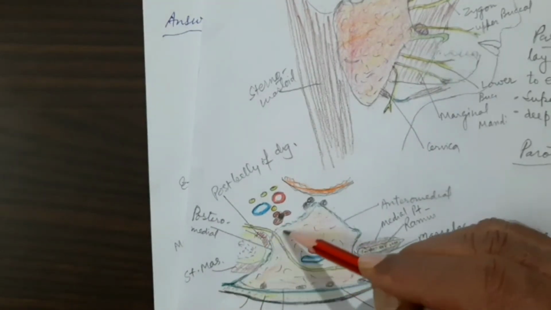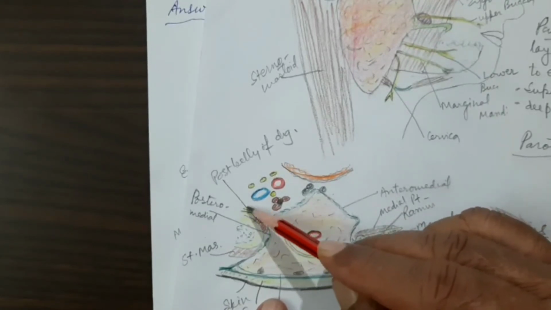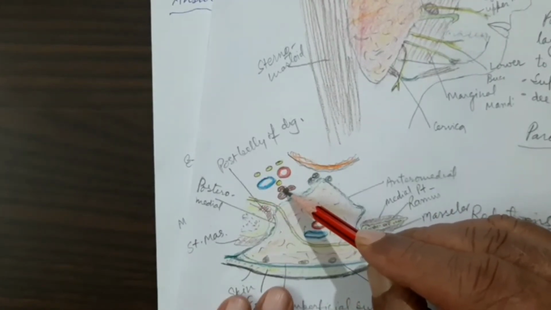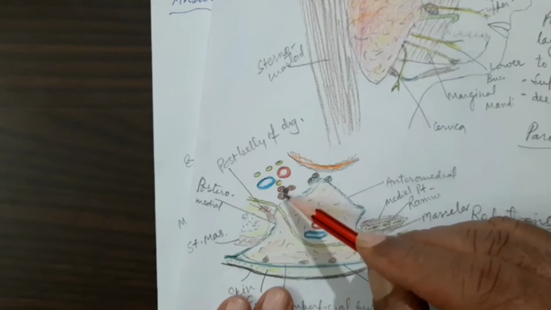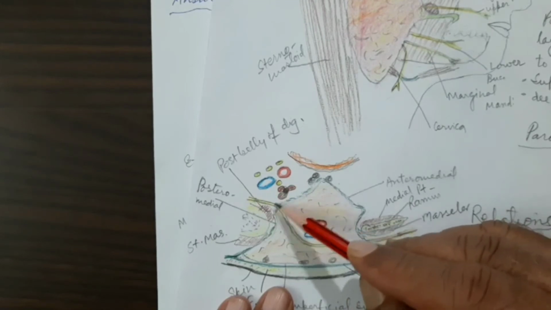See this on the posteromedial border, the facial nerve is entering after coming out from the stylomastoid foramen, because the styloid process is here, the mastoid is here, and in between the two is the stylomastoid foramen.